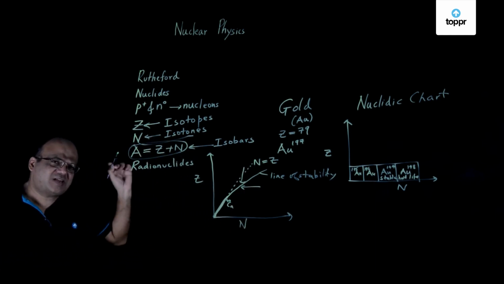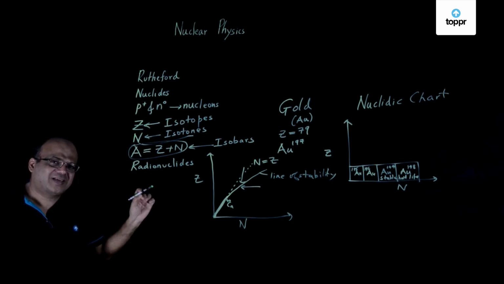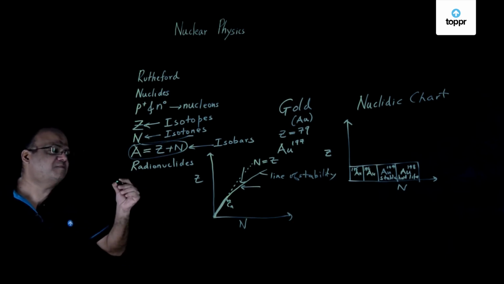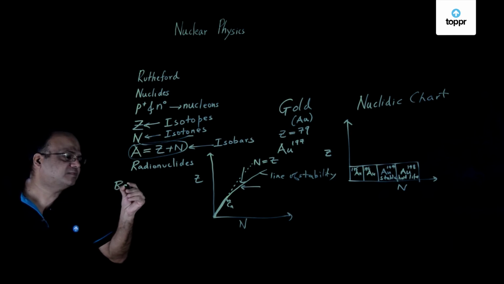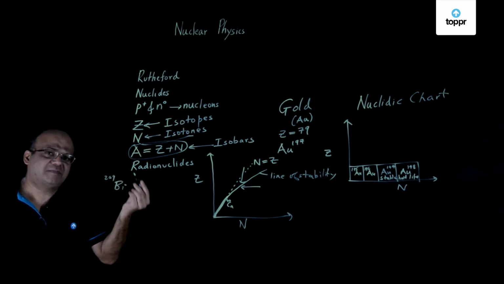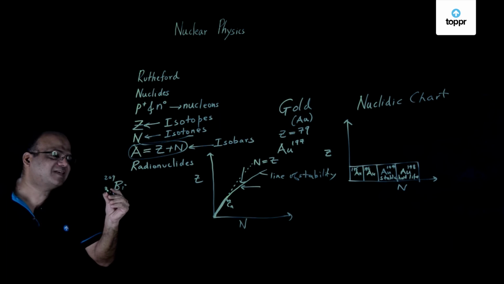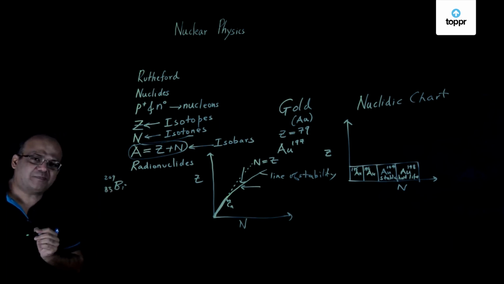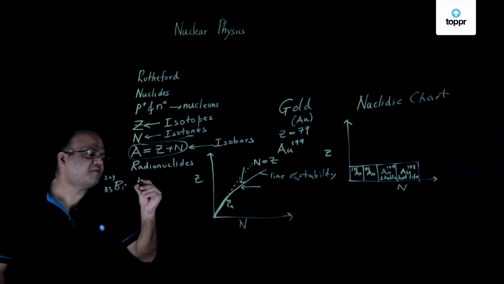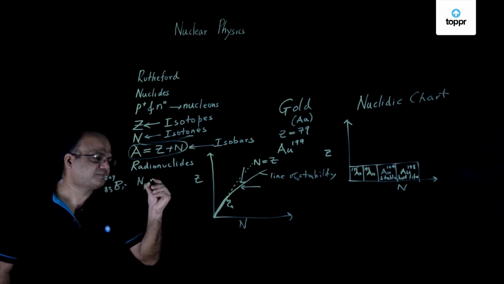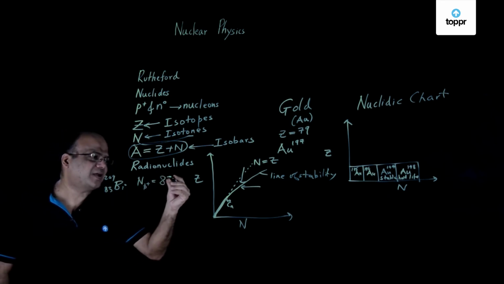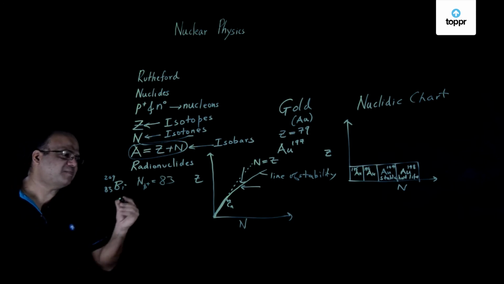The heaviest stable nuclei is bismuth. Bismuth 209. Bismuth atomic number is 83. So how many protons it has got? Number of protons will be 83, the atomic number. What is the number of neutrons?